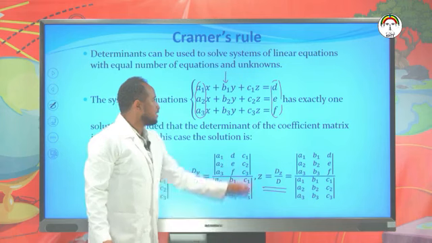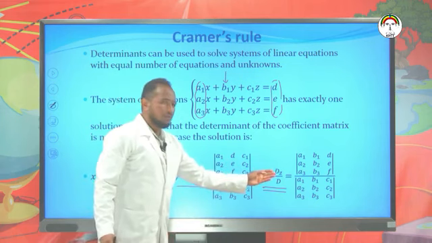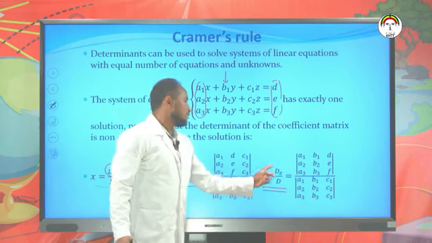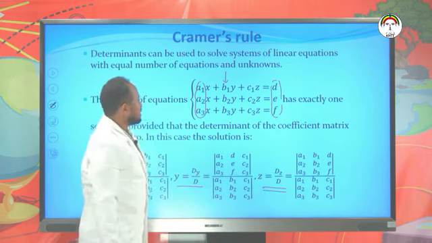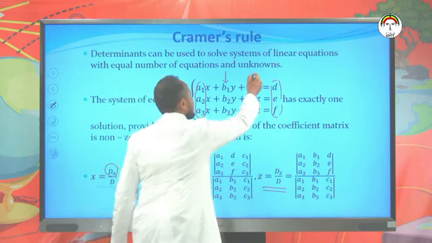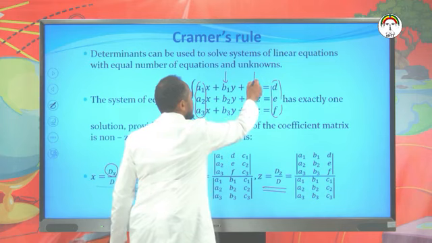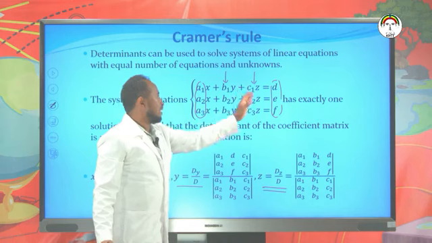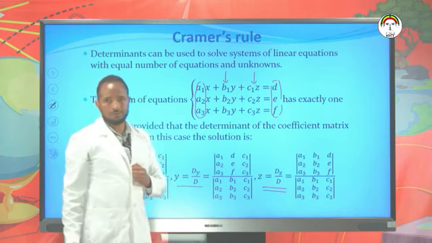And z is equal to dz over d. The determinant of the coefficient matrix of z is simply, you need to change the coefficient column of this part by the solution.